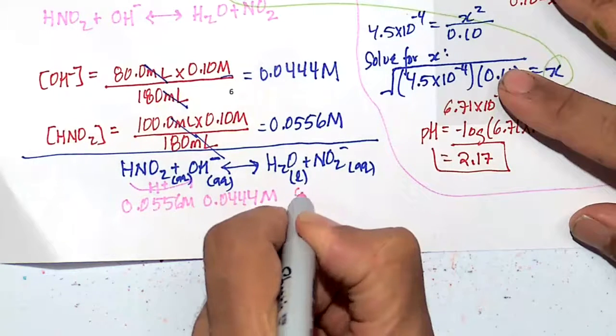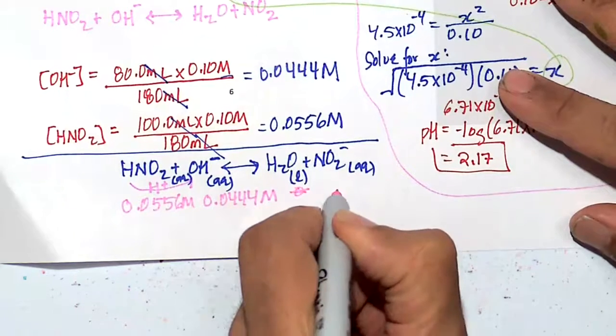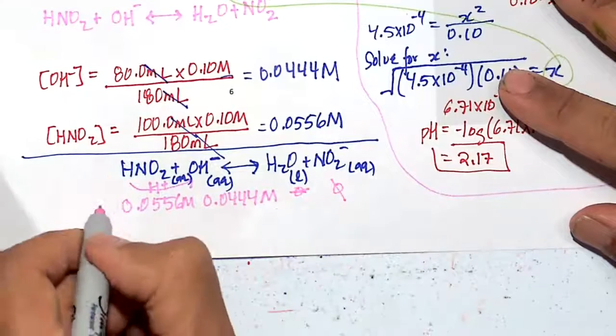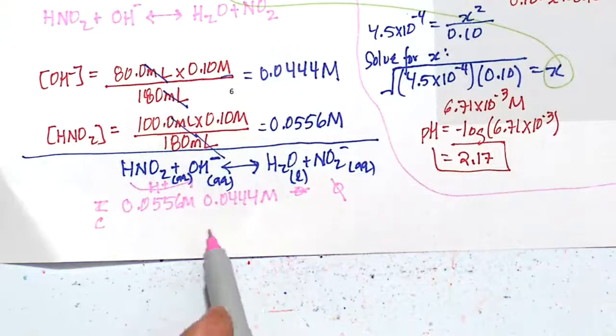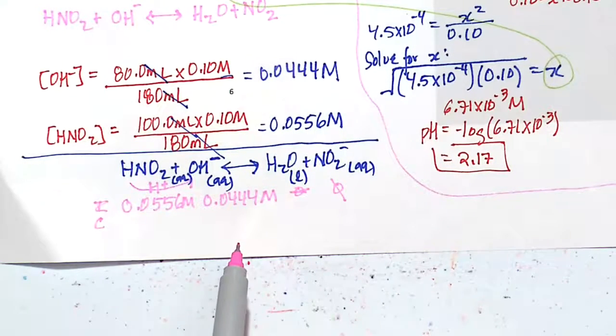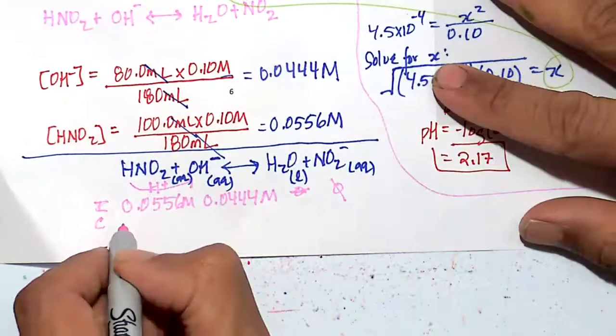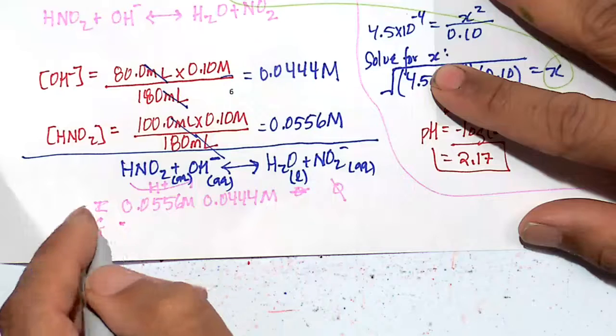Initially, we don't care about water, it's a liquid. Initially we have that. So what will be the change? Do you agree with me that OH minus is a strong base? So how much OH minus will be consumed? Will there be any left over? It's a strong base. How much OH minus will be eaten up?